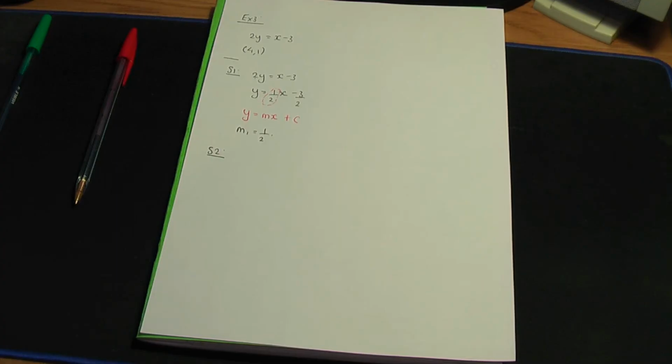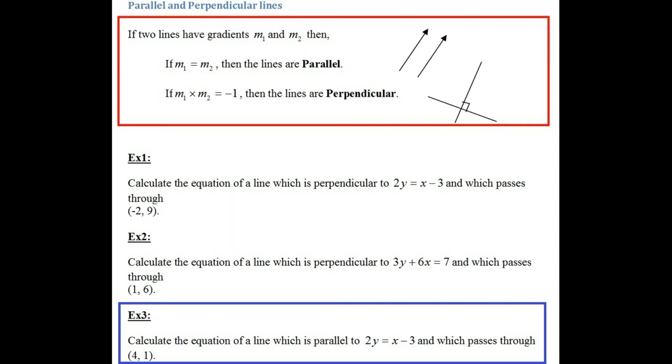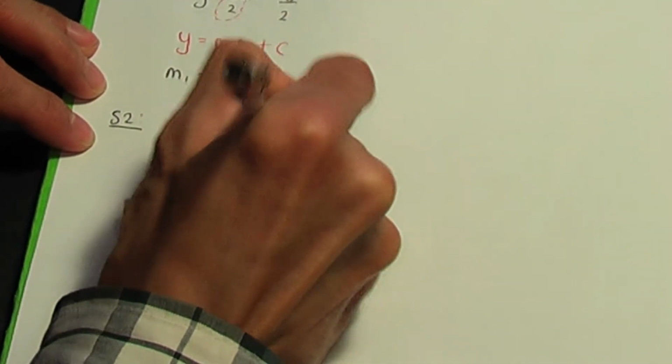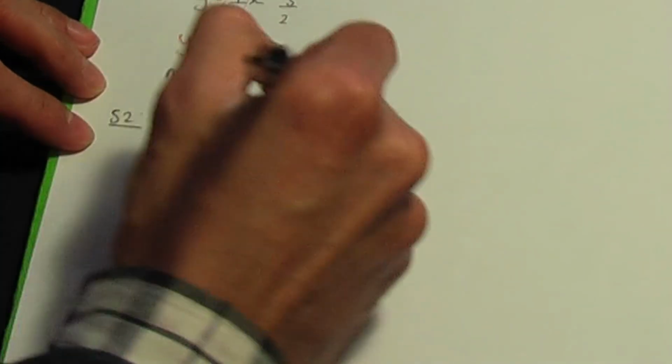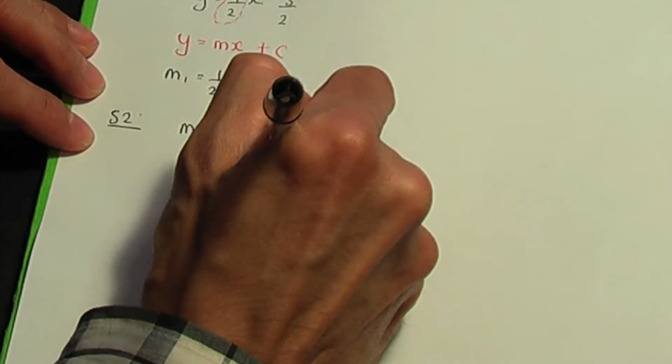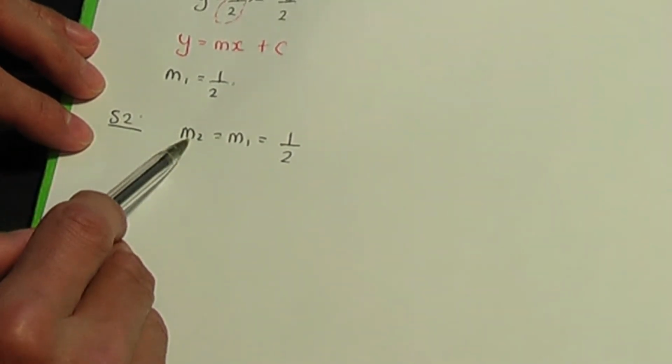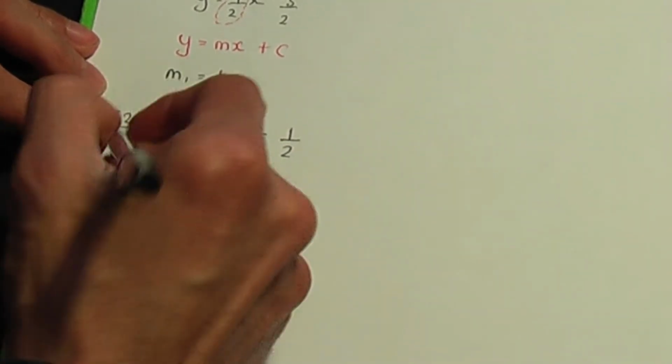Now if we go back to the question, the equation of the line that we're going to calculate is parallel to this line. So remember the condition for parallel, if two lines are parallel, m1 is equal to m2. So back to the paper and pen. So m2 is equal to m1 as these lines are parallel, and the value of m1 from step 1 is half. So m2, the gradient of the line that we're calculating, is half as well.